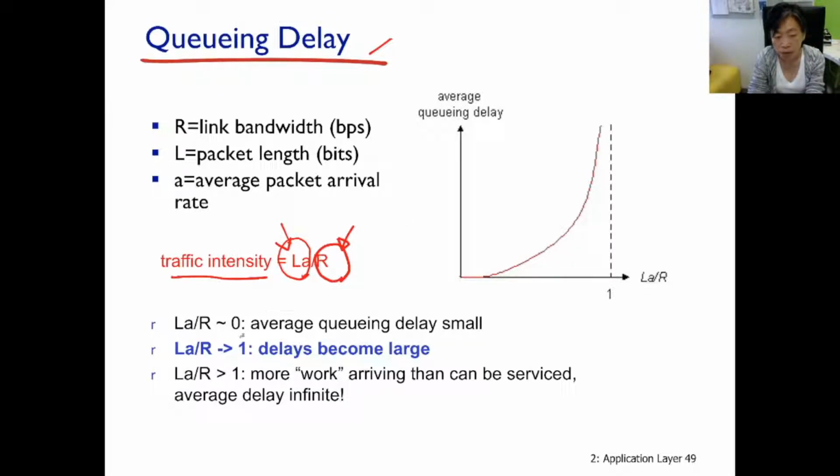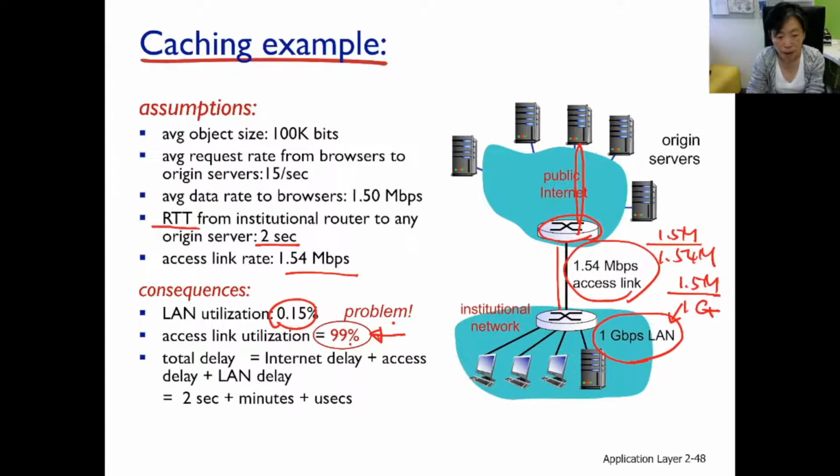When this is very small, queuing delay is also very small. So as it approaches 1, delay becomes large. When it exceeds 1, delay is actually approaching infinity up here. Right? So close to 1, close to 100%, delay is just very high. Okay. Let's come back here.